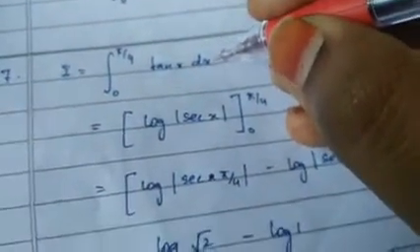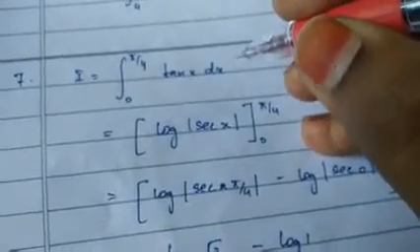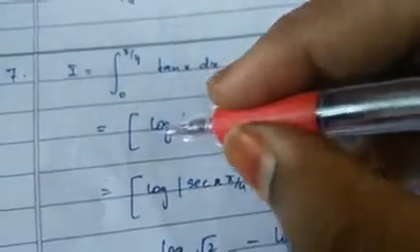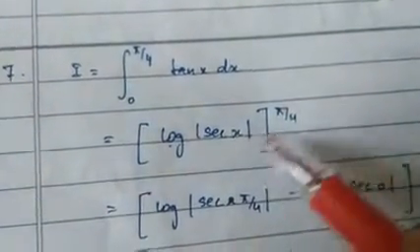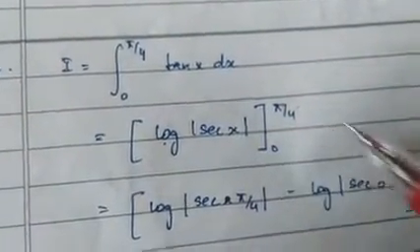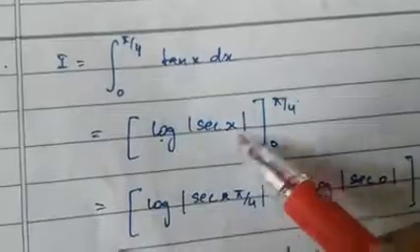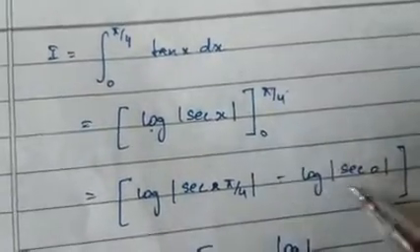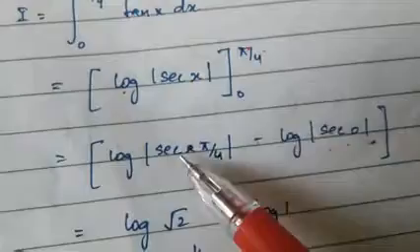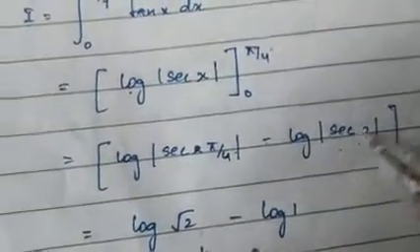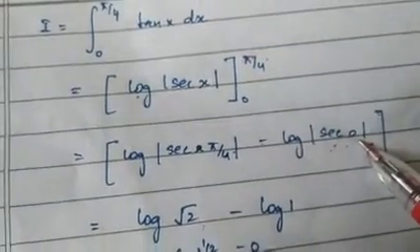The next question, tan x. In the third or fourth exercise, you learned the formula for the integral of tan x. The integral of tan x is log of modulus of sec x. Write the upper limit and lower limit, and substitute the value of x as upper limit minus lower limit. Therefore, you will get log of sec pi by 4 minus log of sec 0. That is 45 degrees. Sec 45 degrees is root 2 and sec 0 is 1.